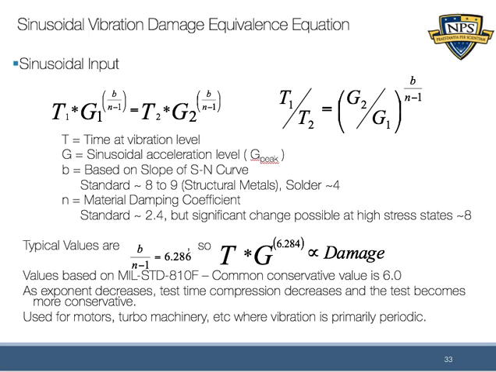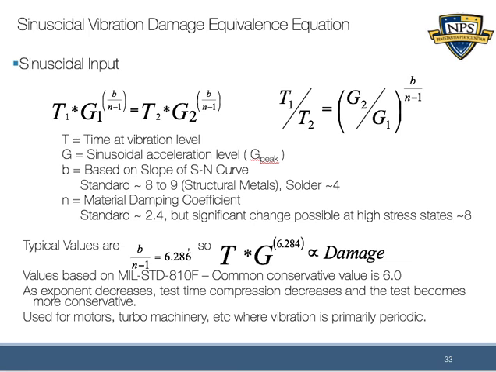And then B and N are the variables. Those are the ones in the exponents. B is based on the slope of the curve I showed on the previous slide. And there are some example values here, where standard values for structural metals are like 8 to 9. Solders, which are a little bit softer, are more like a value of 4.